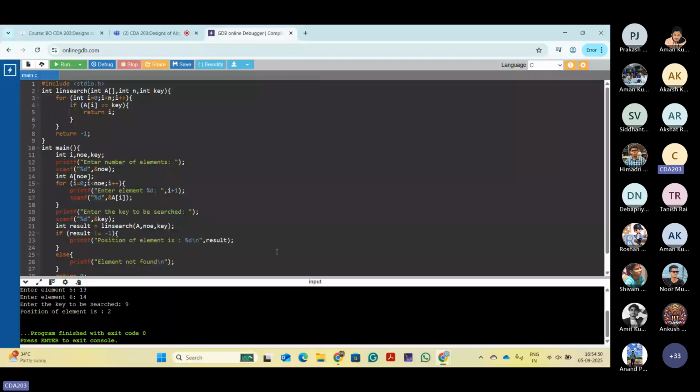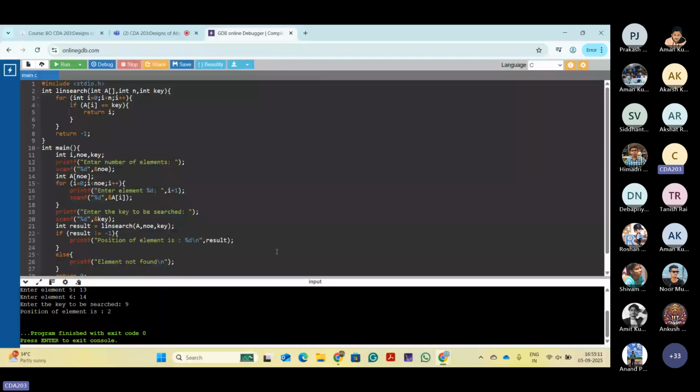Okay, so you gave input 24, 25 in this way, unsorted. See, if your array is unsorted, it will not find, because in binary search, your array has to be sorted.